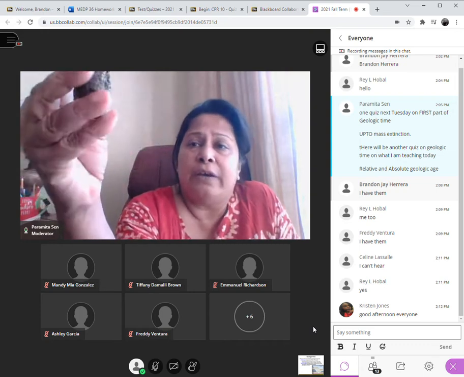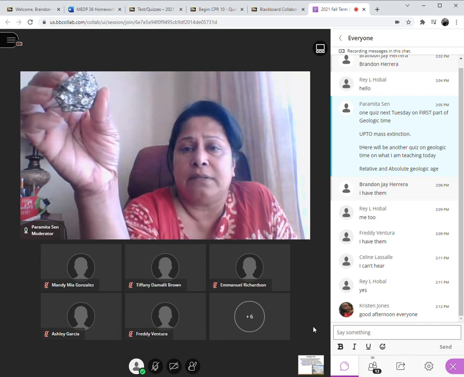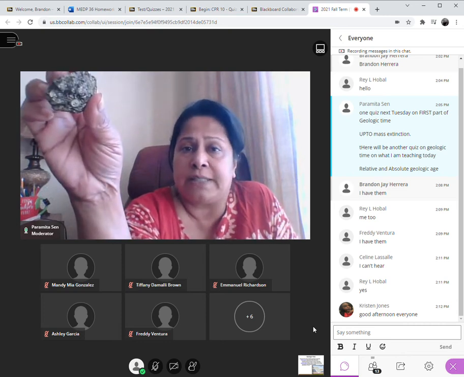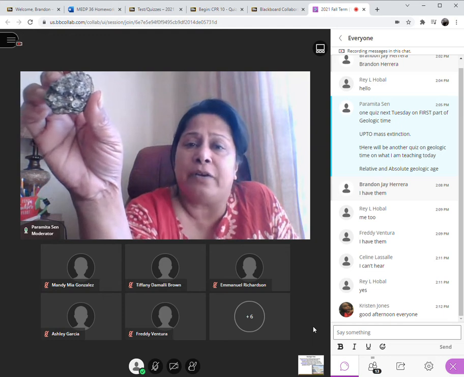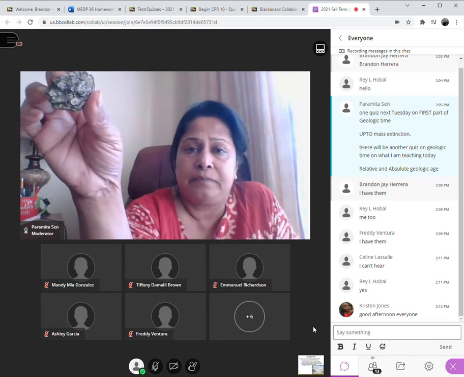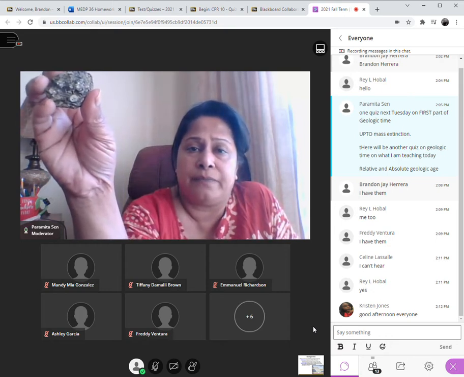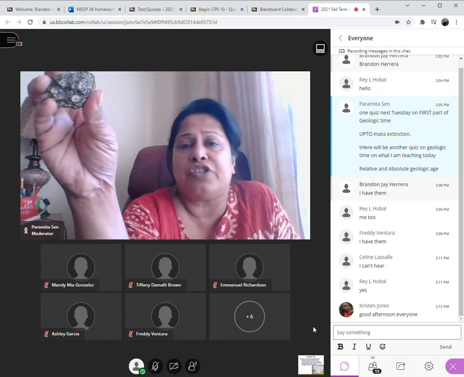That means inside these rocks are minerals. Inside the minerals are elements. Inside the elements are atoms. Atoms consist of proton, neutron, and electron.